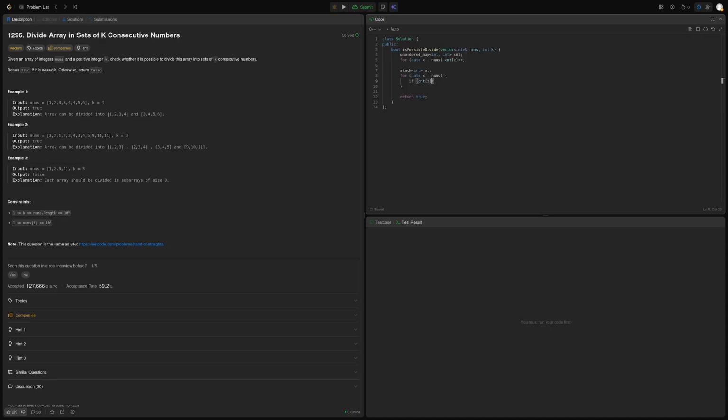If count x minus 1 is missing, then st push x as root. And now while not st empty, root is st top, st pop, for i is root, i is less than root plus k, i plus plus.